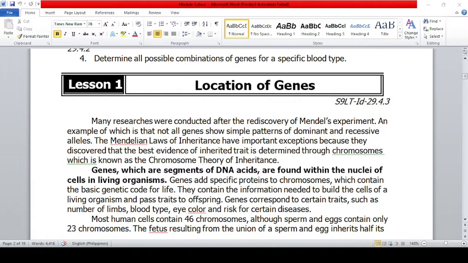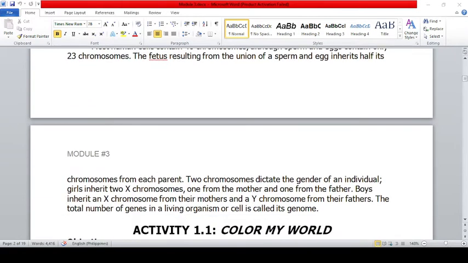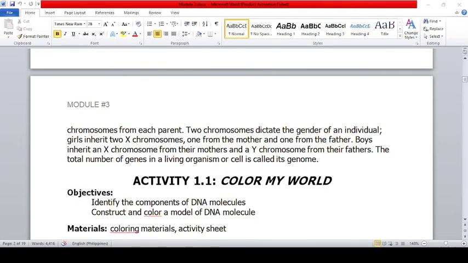Either yung mga parents natin ay may blue eyes, ibig sabihin, blue eyes ka din. Humans, we have 46 chromosomes. We have the XY for the boys and XX for the girls.